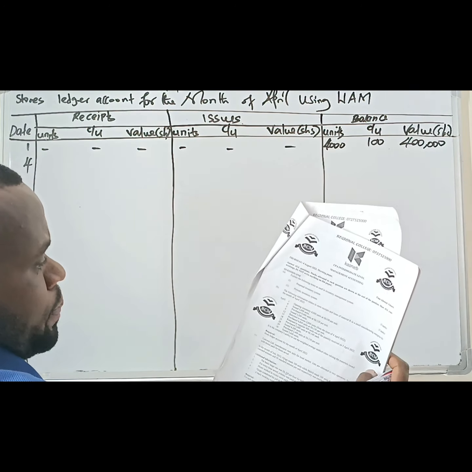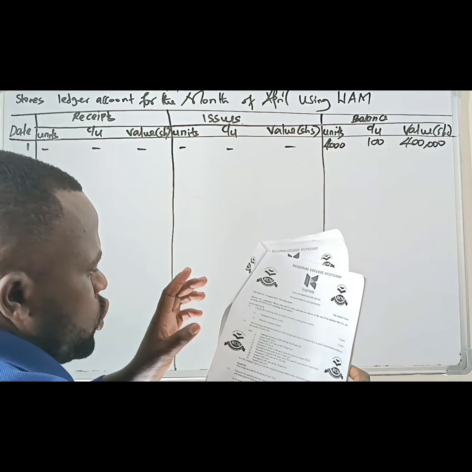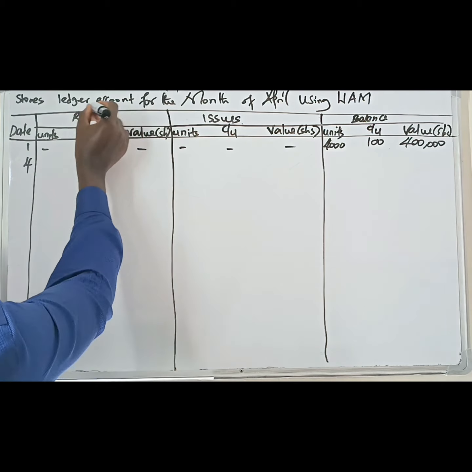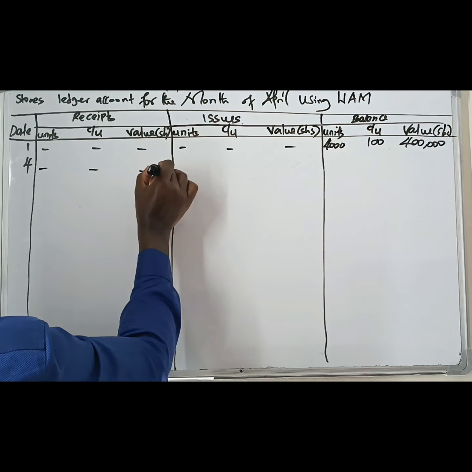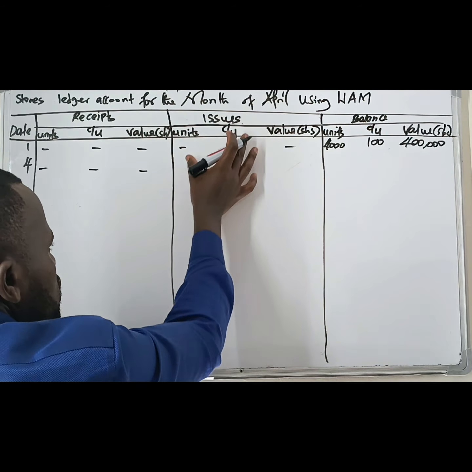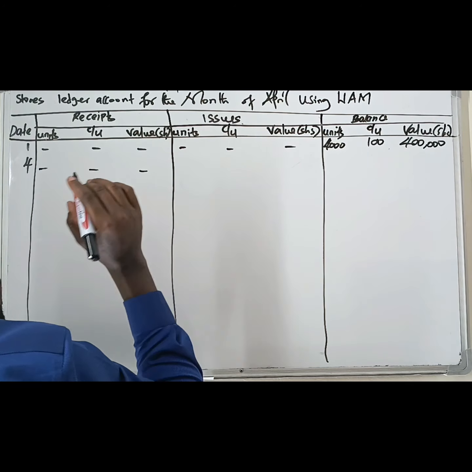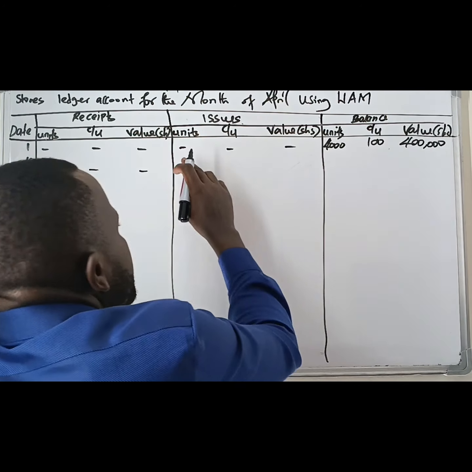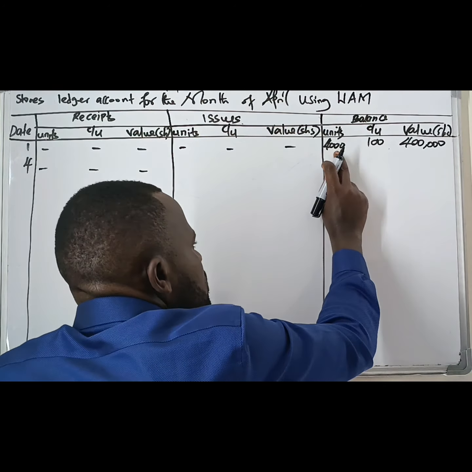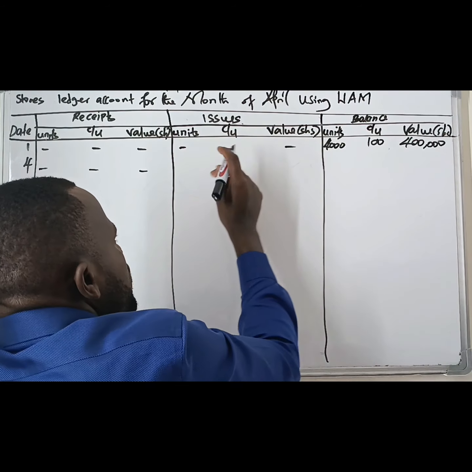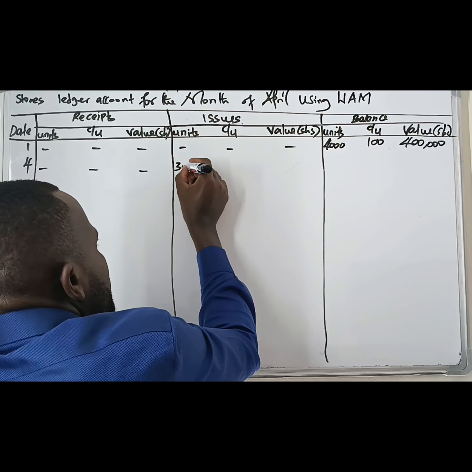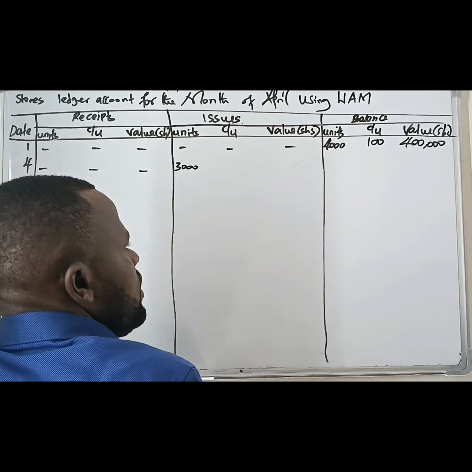But when a transaction takes place, you record issued 3,000 units. So under receipts you put dashes, but you are told issued. How many units? 3,000. You will issue from the existing stock in our store. We are selling or issuing 3,000. What is the cost?